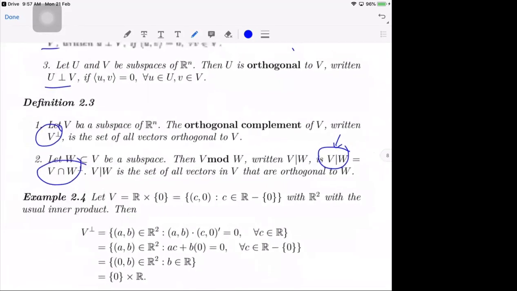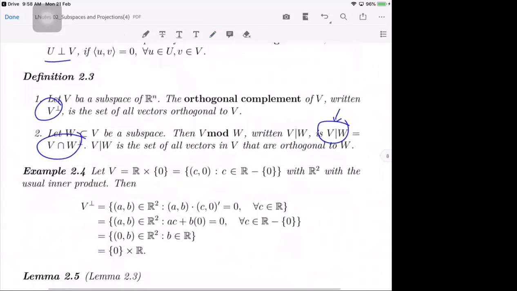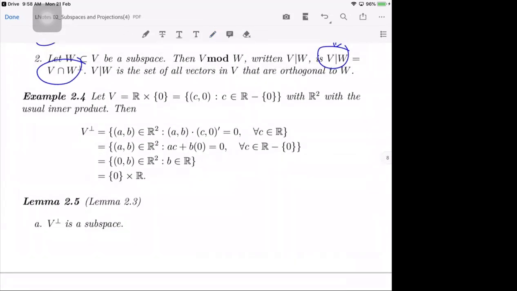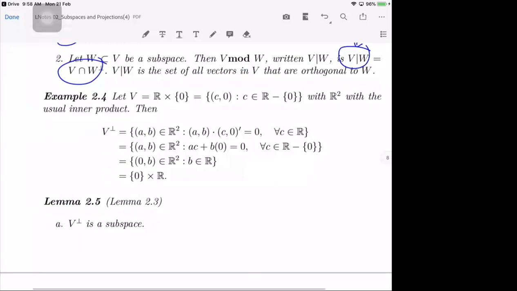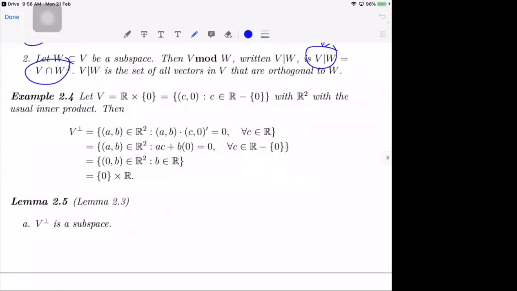Okay? So as an example, suppose you have a subspace V, which is R1 cross 0.